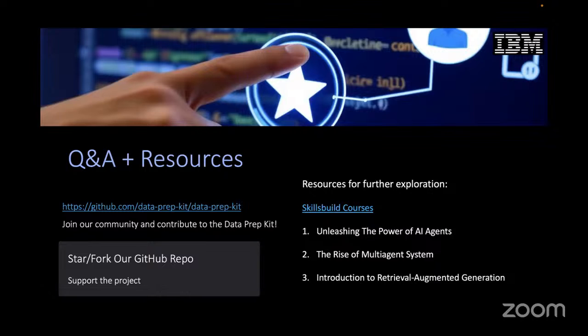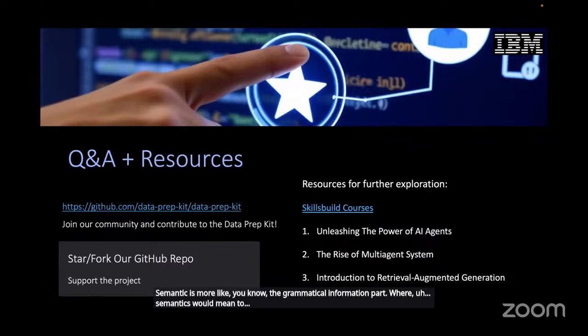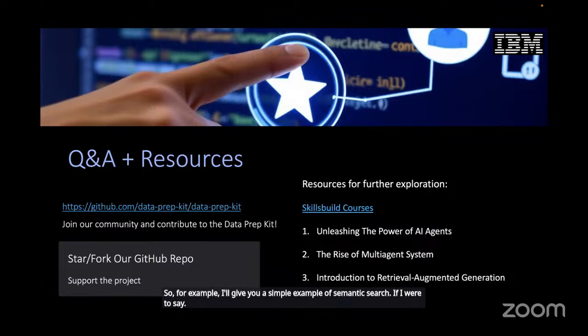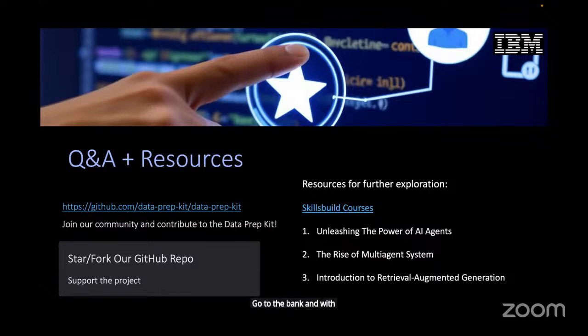How do I put this? Semantic is more like the grammatical information part, where semantics would mean breaking things down into individual words, then taking the context out of individual words and trying to respond to that. So for example, I'll give you a simple example of semantic search. If I were to say, go to the bank and withdraw money, okay, that's one phrase.